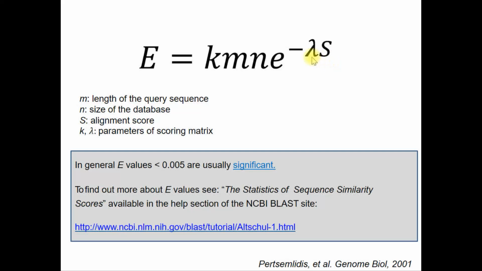K and lambda are related to the scoring matrix and the search space, behaving like normalization factors to balance the impact of different scoring matrices and search spaces on the results. In general, e-values less than 0.005 are usually significant. To find out more about the e-value, you can look at the NCBI BLAST website and this paper in Genome Biology.